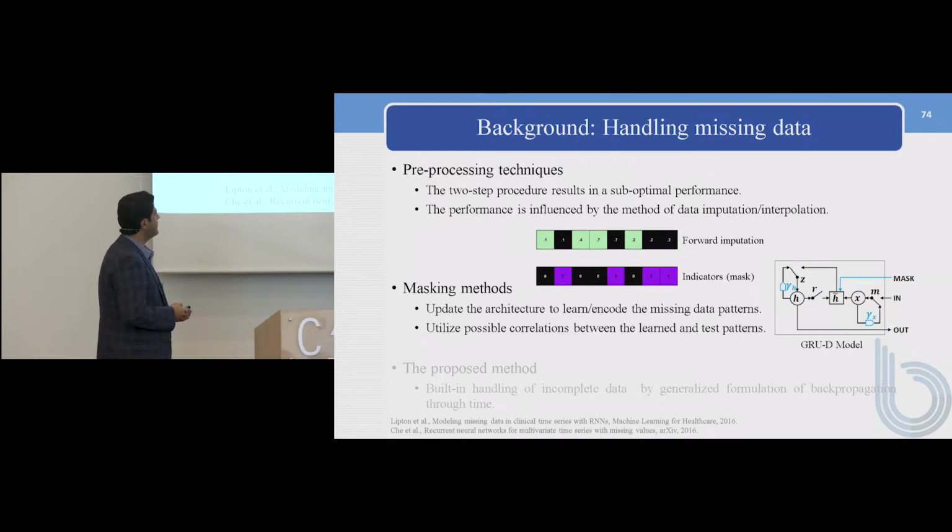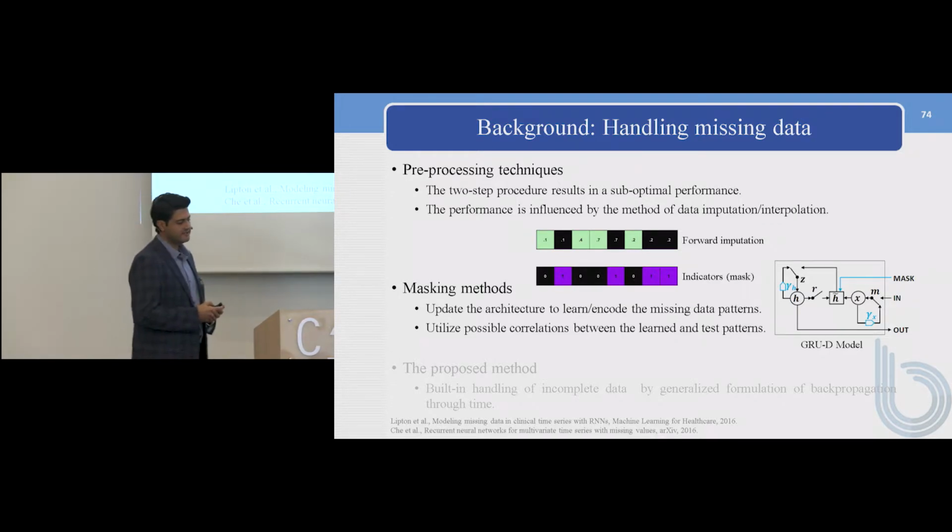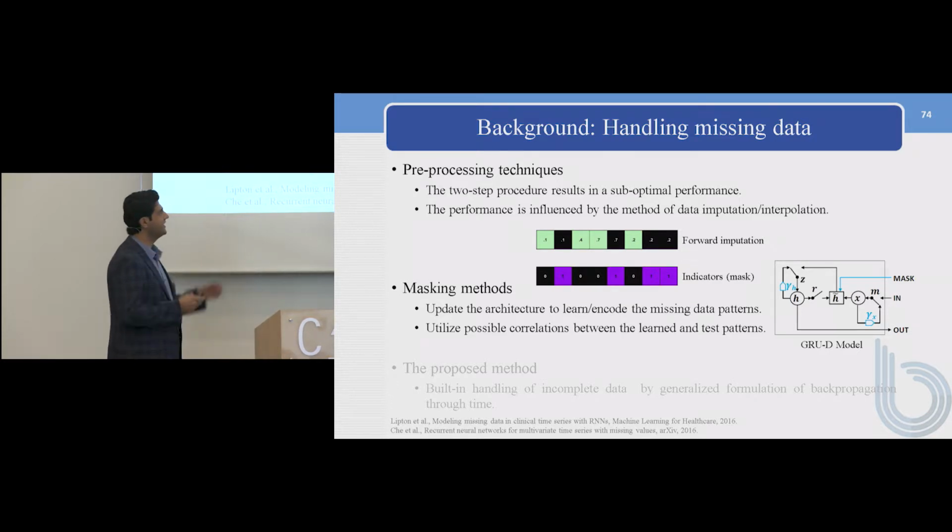On the other hand, we have masking methods that try to handle the missing data by adding new parameters to the network, and take advantage of the patterns of missing data to learn the parameters. They use possible correlations between the learned data and test patterns to handle the missing data points.